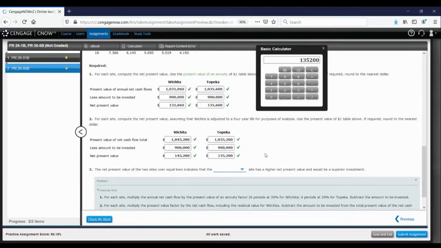So in this case, when we look at this, Wichita came out ahead in the game. So when we're using the net present value, the two sites over the equal lives, which was in part 2, it indicates that Wichita has the higher present value and the superior investment.